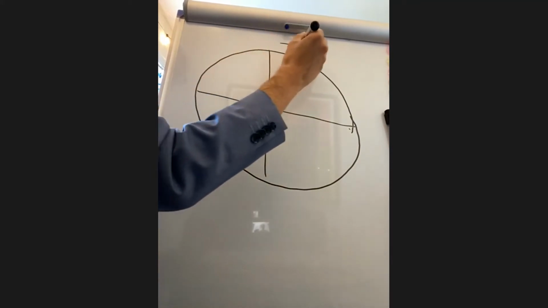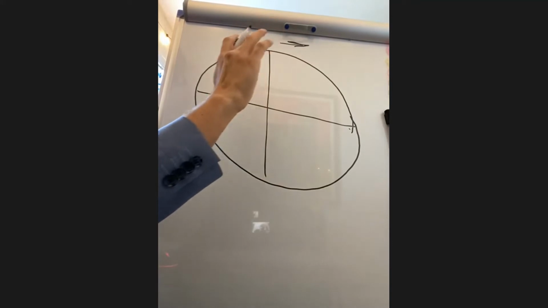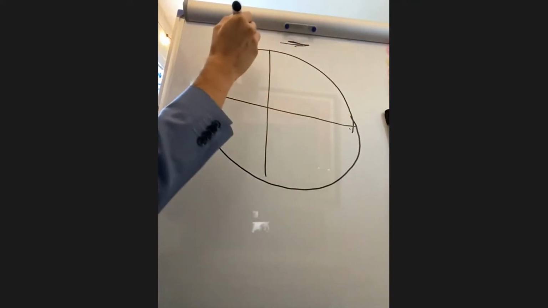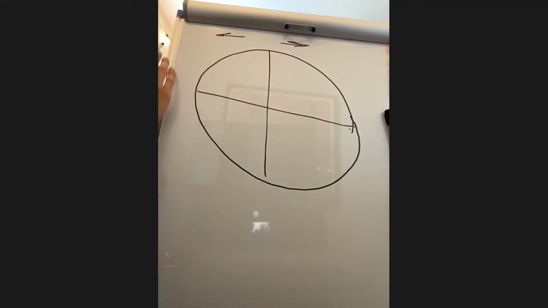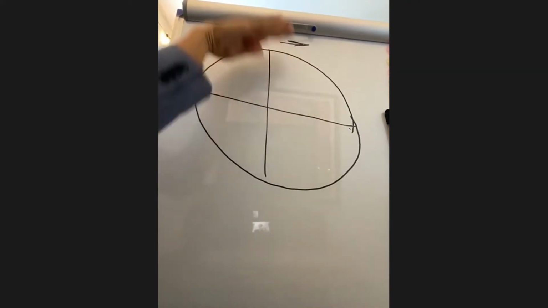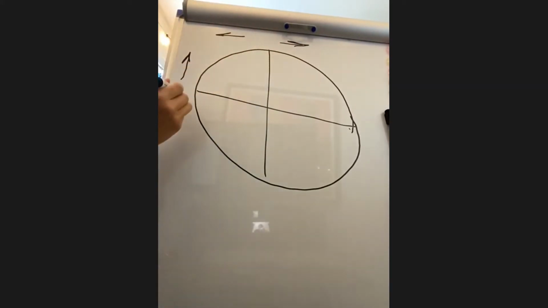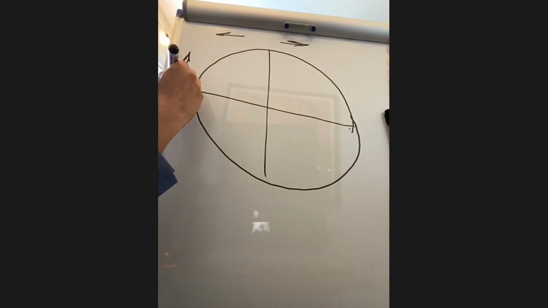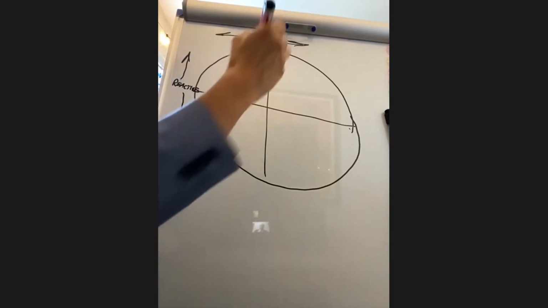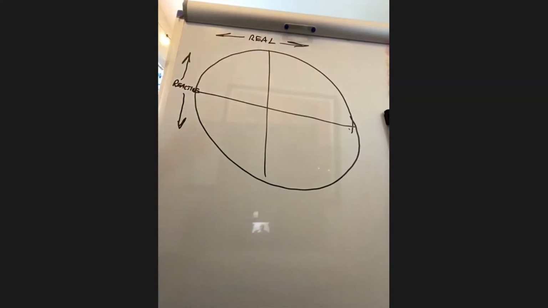Over here on the right hemisphere is where you are producing power, and over here on the left is where you are consuming power. On the top, you have injecting reactive power, and on the bottom, you have absorbing reactive power. So this axis is reactive, and this axis is real power.